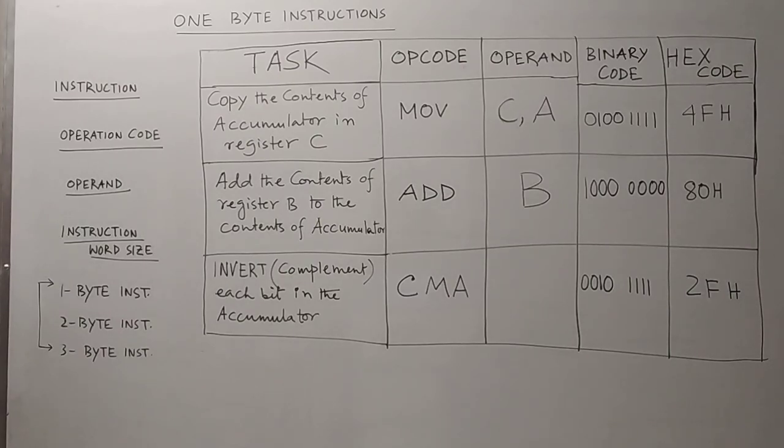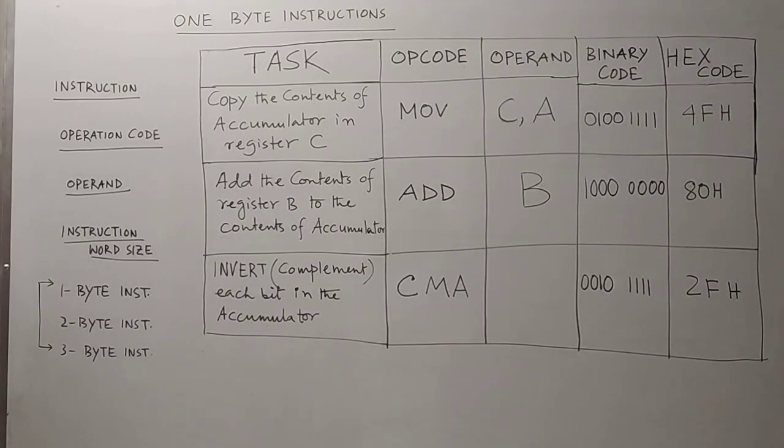So these instructions are 1-byte instructions. These are performing 3 different tasks. In the first instruction, both operand registers are specified. You can see in the table, both the registers C and A are being specified.